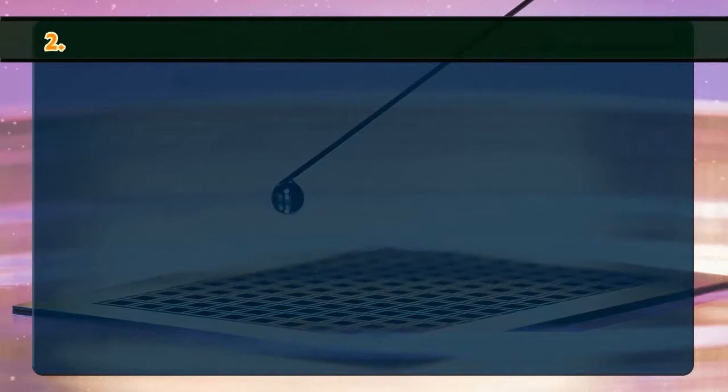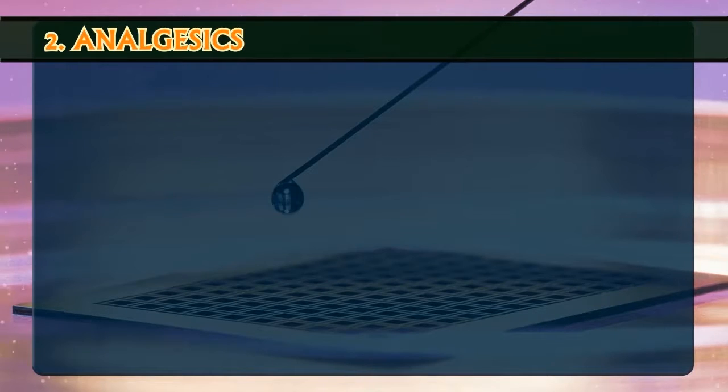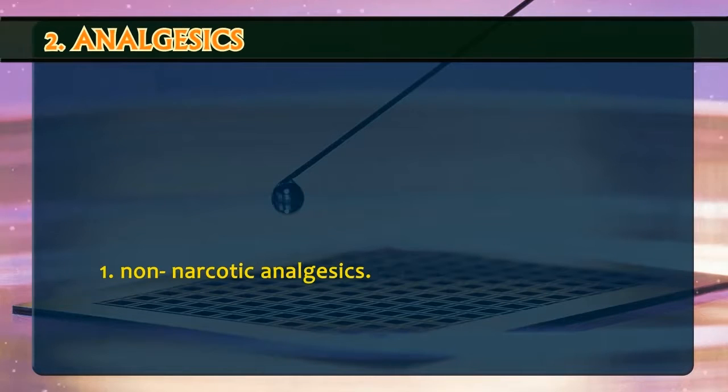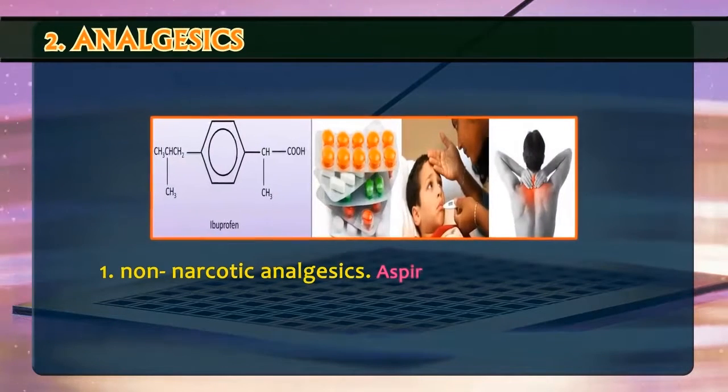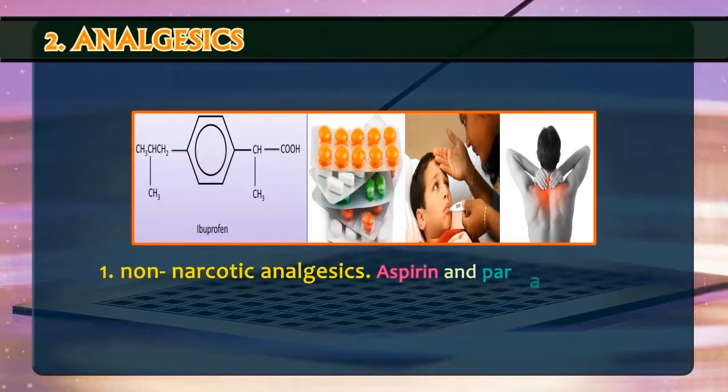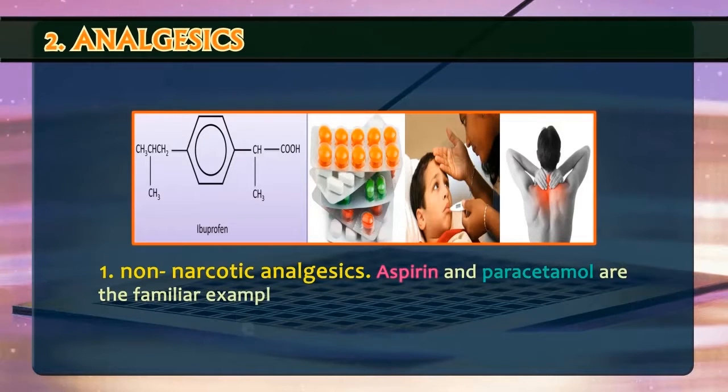2. Analgesics. 1. Non-narcotic analgesics. Aspirin and paracetamol are the familiar examples of this type of analgesics. Aspirin and paracetamol act both as antipyretics and analgesics.